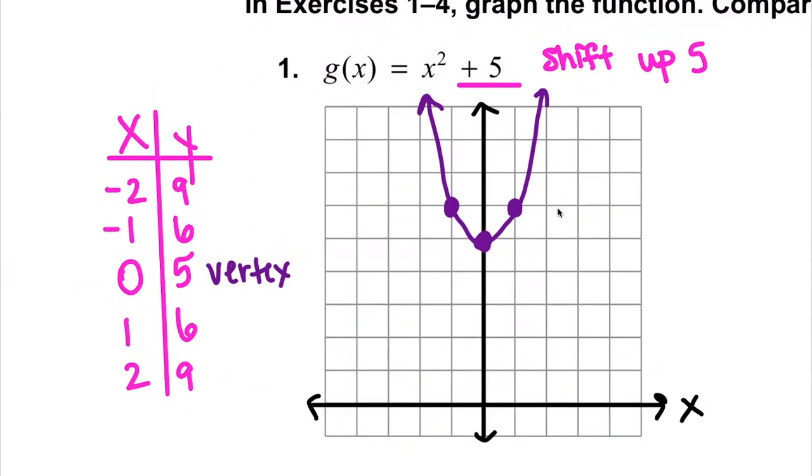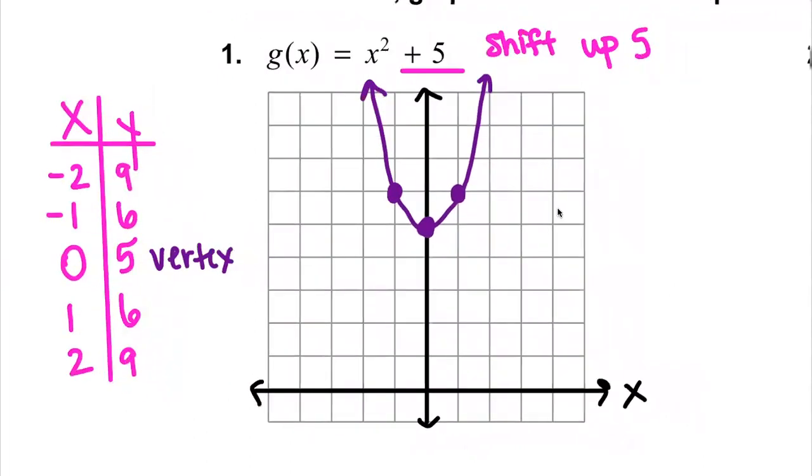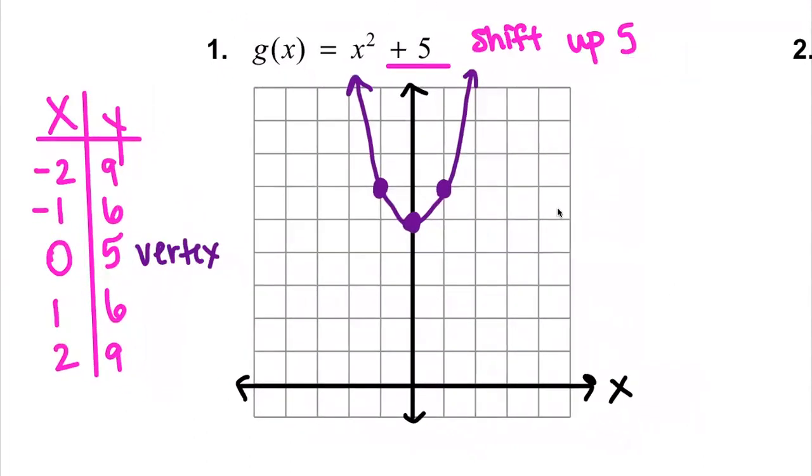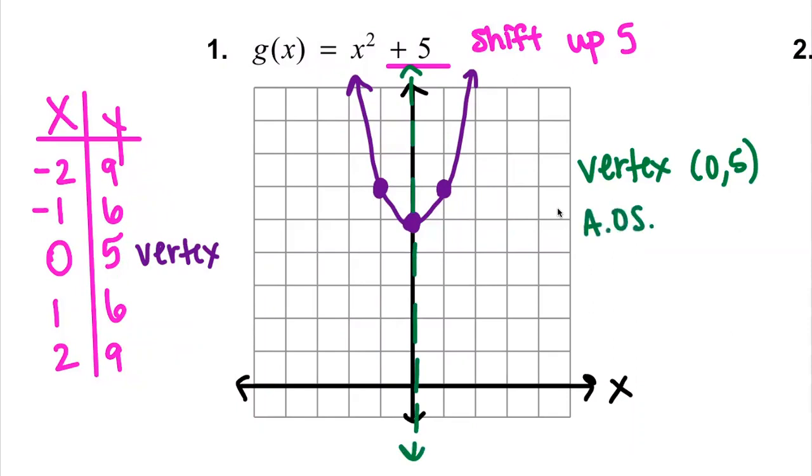Now let's talk real quick about some things we can identify from this graph. We know that our vertex is at 0, 5. We also can identify that axis of symmetry. I am going to write it like this because I don't have room to write axis of symmetry: the vertical line x equals 0.